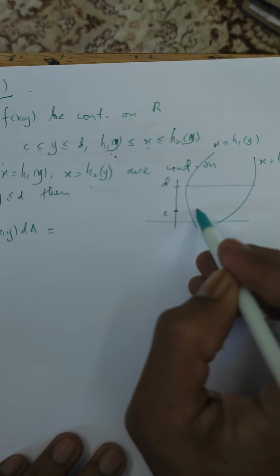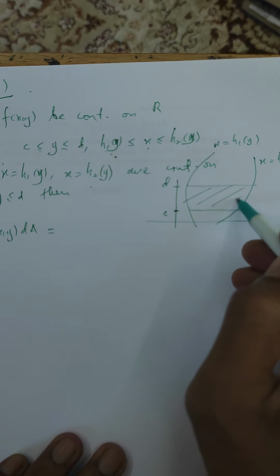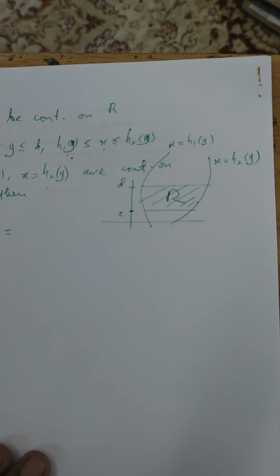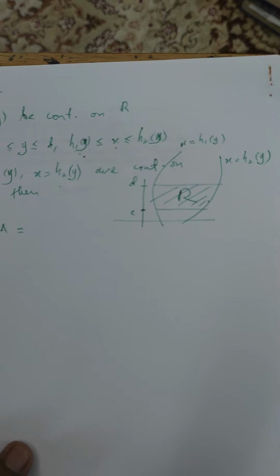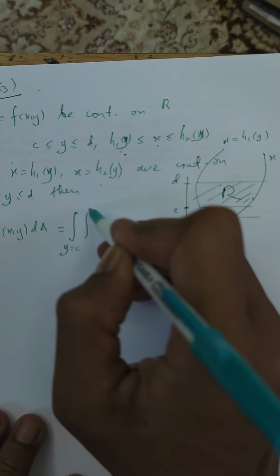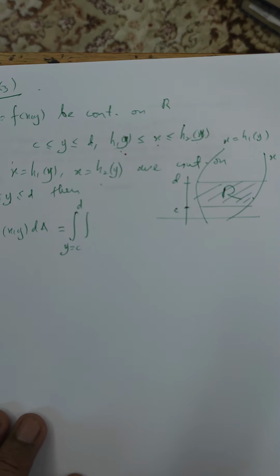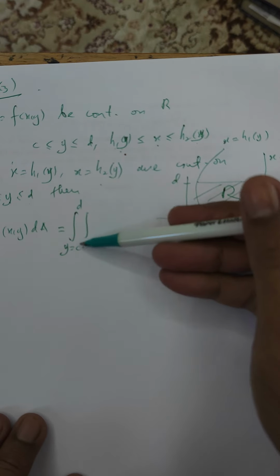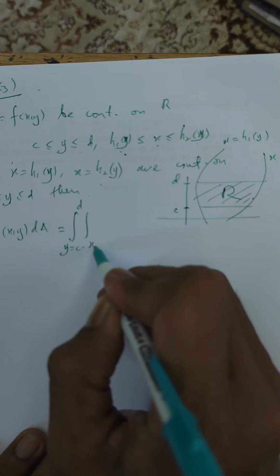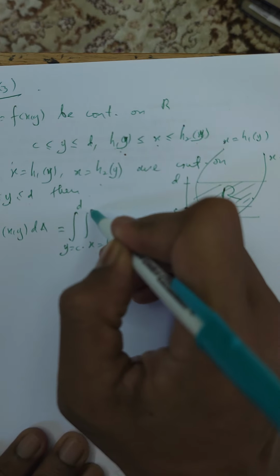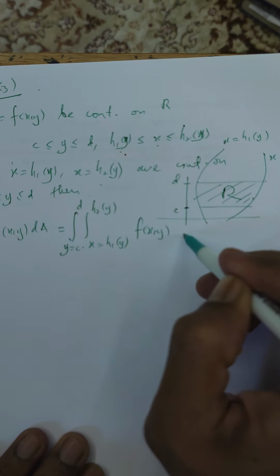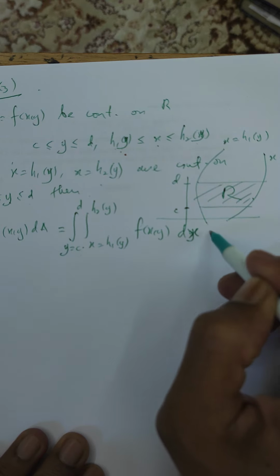So this is our region R. So the integral becomes y from C to D. Remember that, as I mentioned earlier, the limits of the outermost integral must be from constant to constant. So in this case, we integrate x first, from h1(y) to h2(y), f(x,y) dx dy.